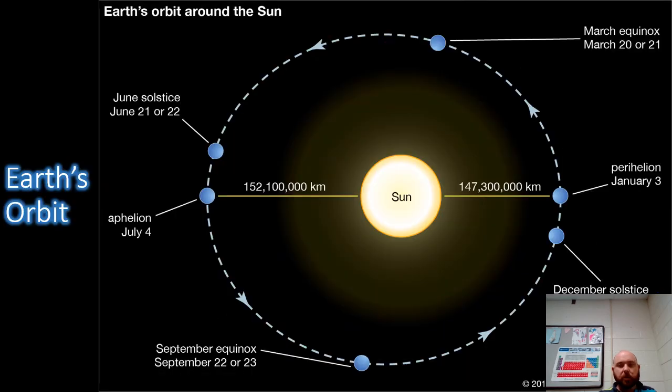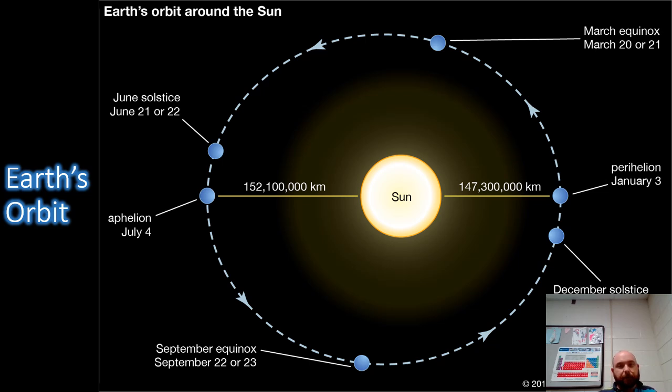All right, so in this slide, we are going to point out a couple of characteristics of Earth's orbit. So the phrase Earth's orbit generally refers to the path that the Earth takes around the sun.